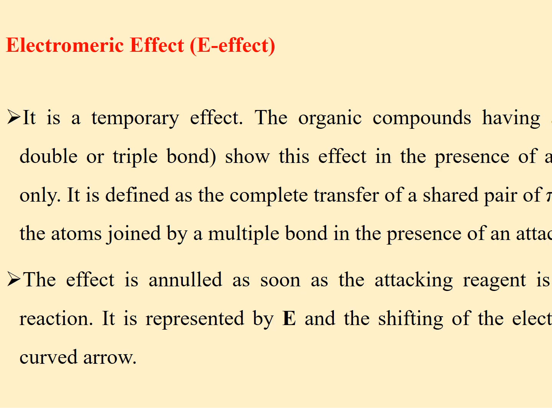The effect is nullified as soon as the attacking reagent is removed from the reaction. That's why it is a temporary effect. Its effect persists only in the presence of the attacking reagent. It is represented by capital E and the shifting of electrons is shown by a curved arrow.